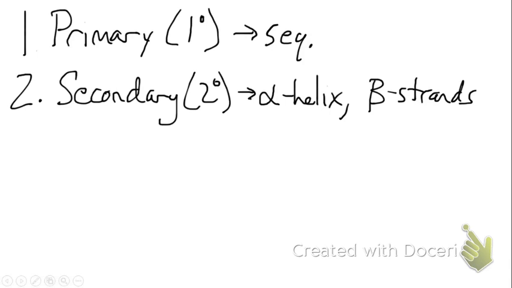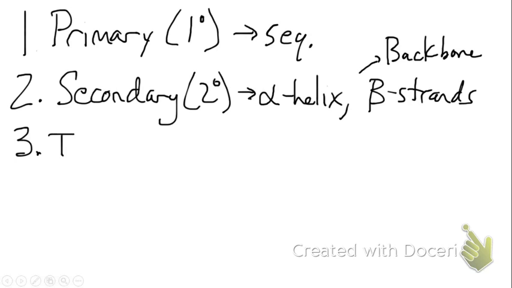We're not going to really talk about secondary structure till later, and we'll get into a little bit more detail. The thing that stabilizes secondary structure is interactions between the backbone only. So hydrogen bonding between the nitrogens and the carbonyl groups of the backbone will stabilize secondary structure.